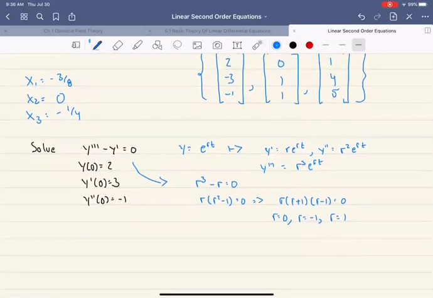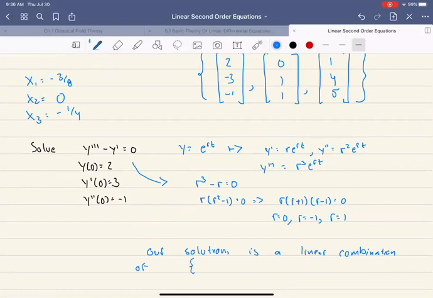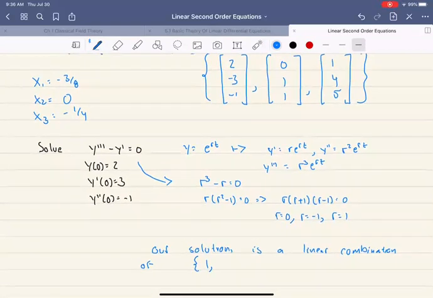So our solution is a linear combination of 1, that's for r equals 0, since e to the 0 is 1, e to the negative t, and e to the t.